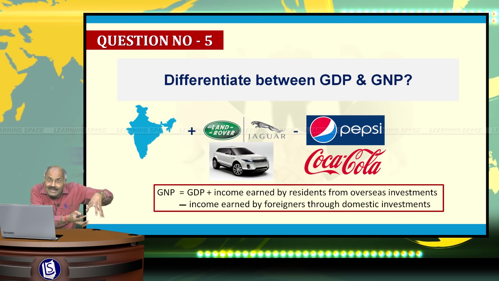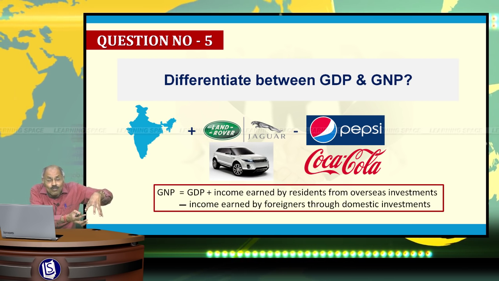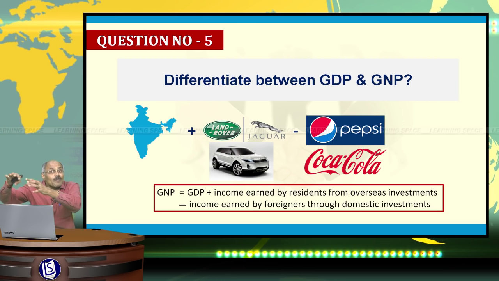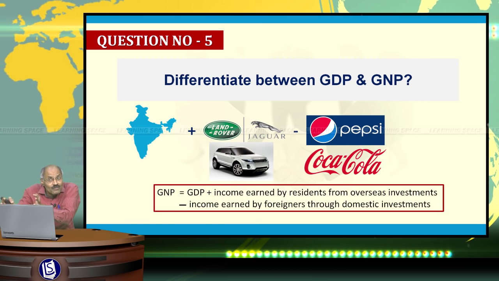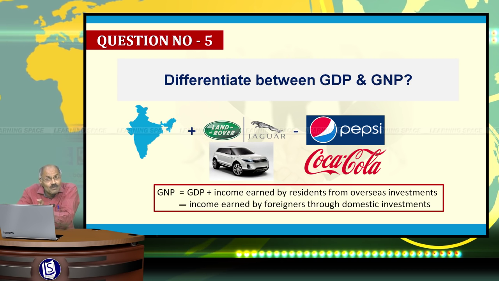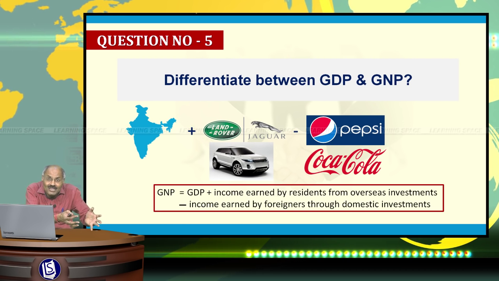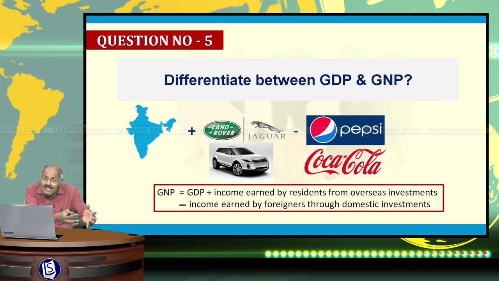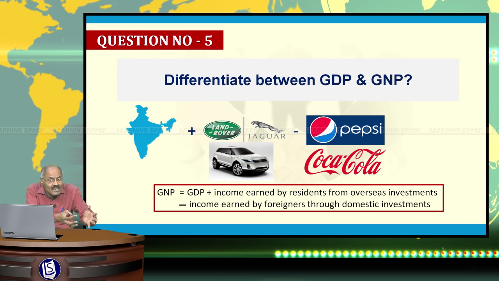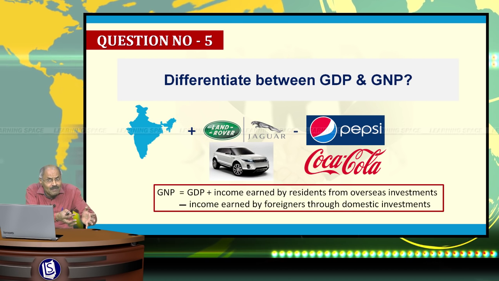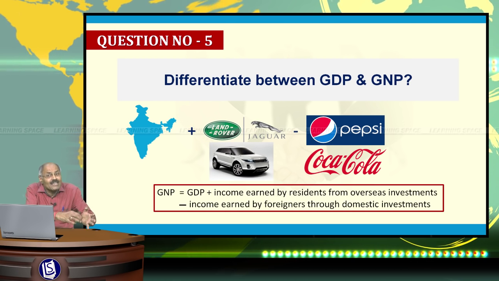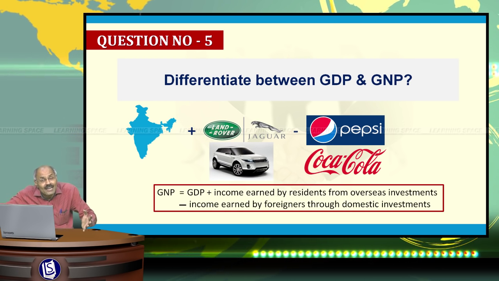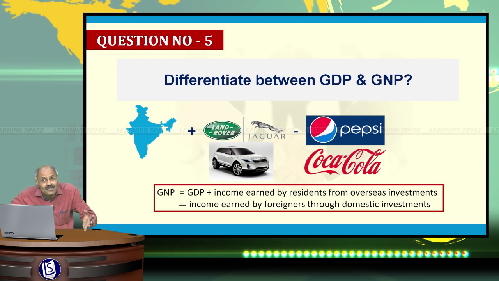That is to be added, and what is to be subtracted? Pepsi, Coca-Cola, they are manufacturing Coca-Cola and Pepsi bottles in our country, but the companies belong to the United States of America. So, whatever income they are getting by manufacturing Pepsi and Coca-Cola in our country is to be subtracted to arrive at gross national product.